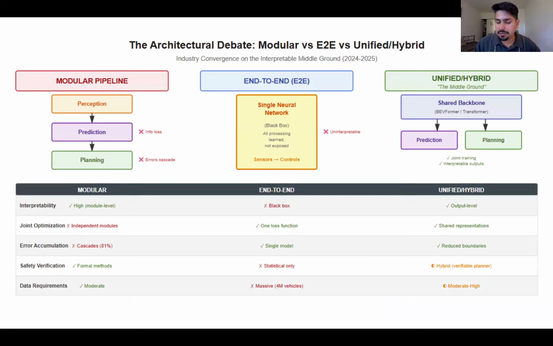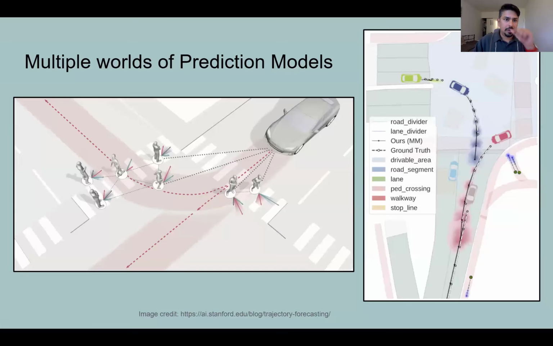A lot of these companies are working on these technologies where they're trying to solve the joint planning and prediction problem by training a single backbone and having a prediction head and a planning head. I think this is where the industry is currently headed. In production, it's still hard to achieve this, but it is definitely the direction of travel for the industry.